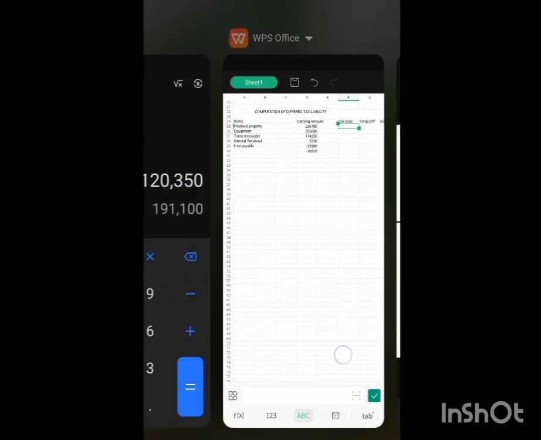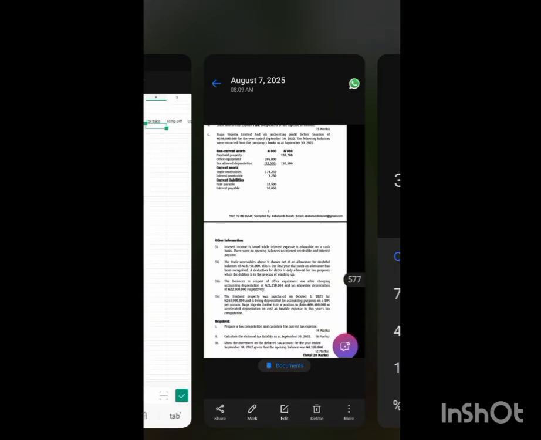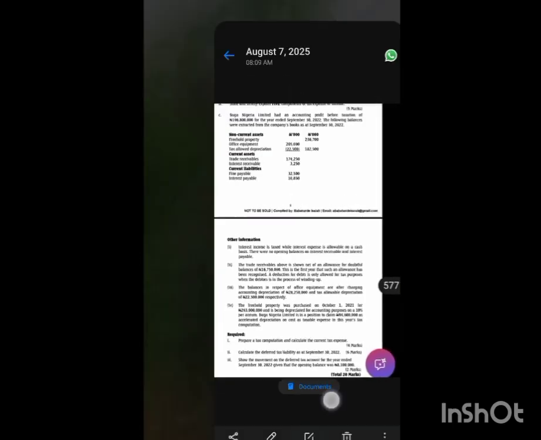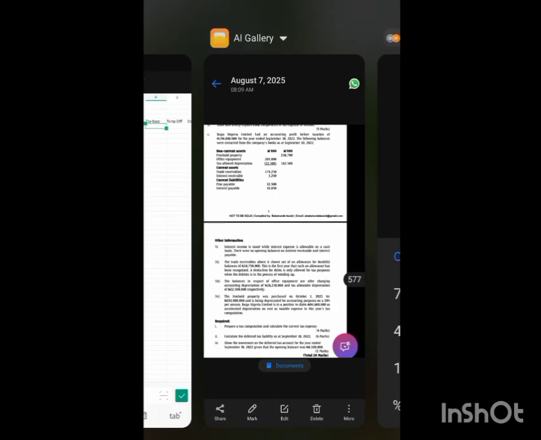So let us use our calculator. What is the cost of the freehold? The carrying amount is 236,700.